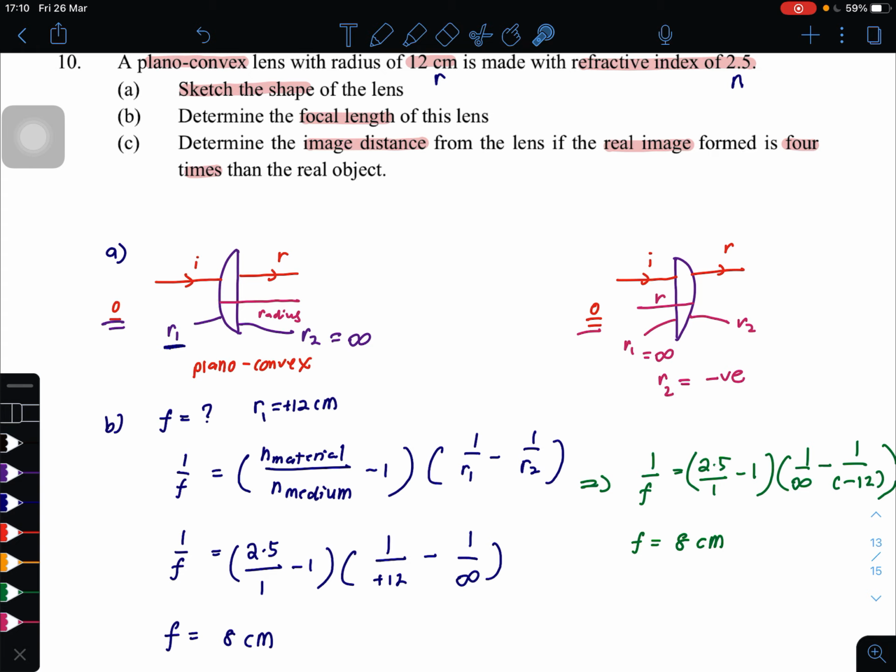Kita tengok, determine the image distance from the lens if the real image form is 4 times than the real object. Okay, dia bagi tahu dekat sini keyword we have real image. So, ingat lagi real image pasangan dia adalah inverted. And then we have 4 times than the real object. So, meaning that this one adalah value for magnification, which is 4.